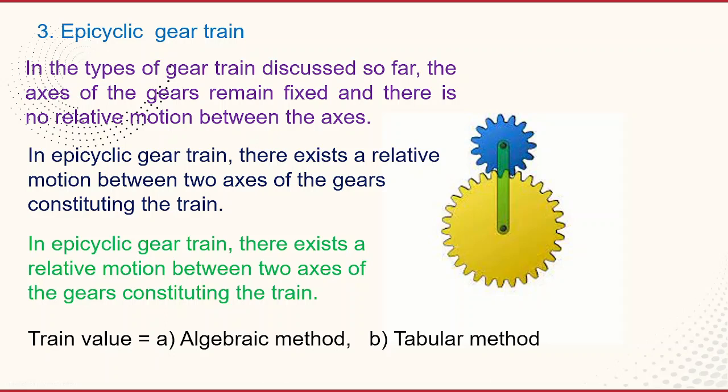In the tabular method, you frame a set of instructions and prepare a table with rows and columns. Then we can determine the speeds of the different gears used in the epicyclic gear train.